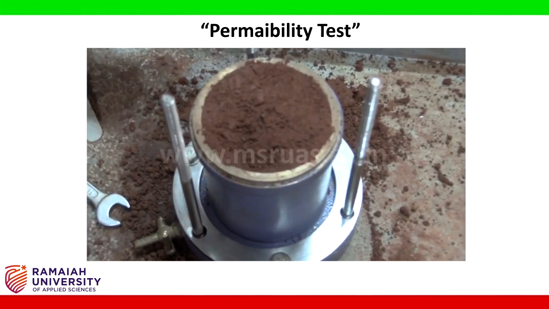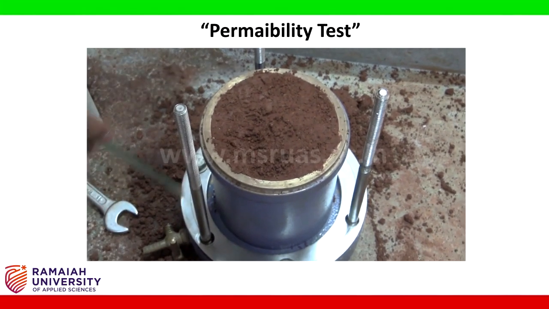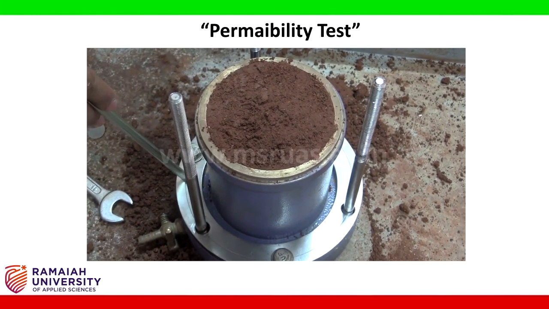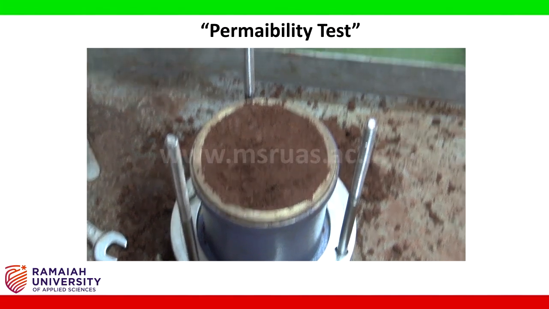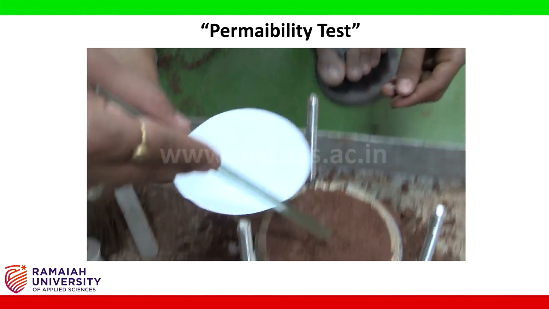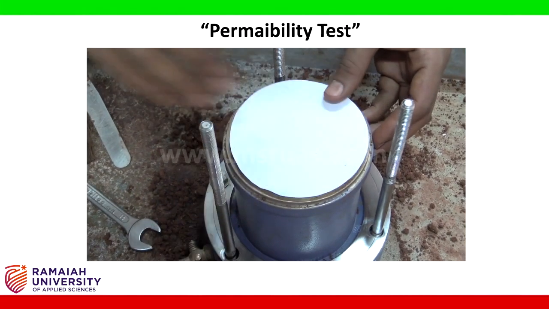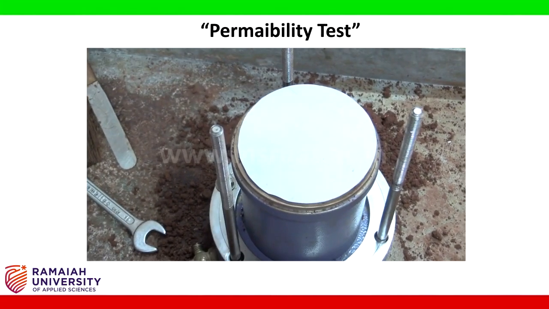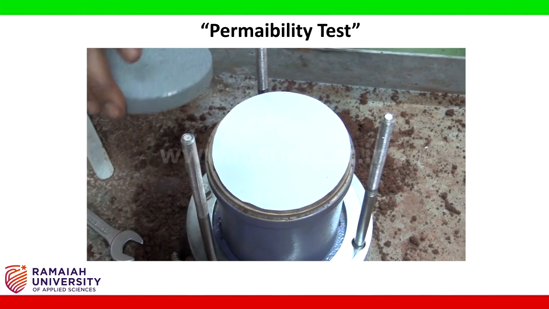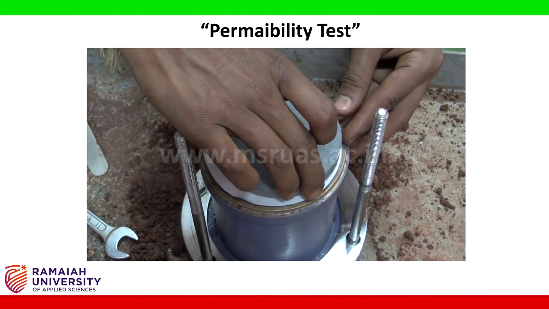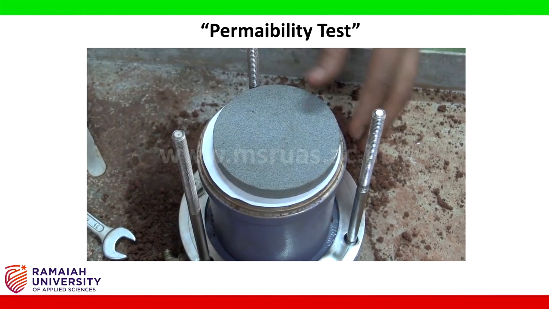Once all the nuts and bolts are tightened, which holds the mold firmly with the base, place the filter paper on top of the specimen, and then the porous plate again on the filter paper.